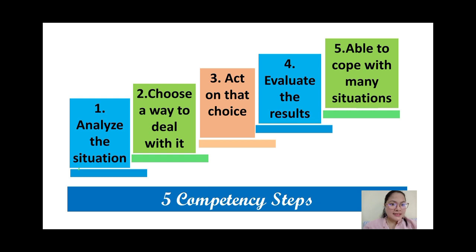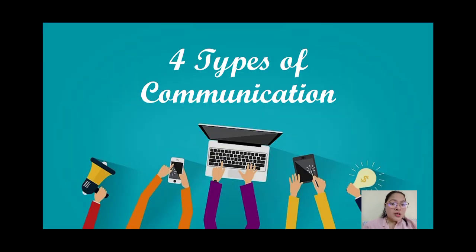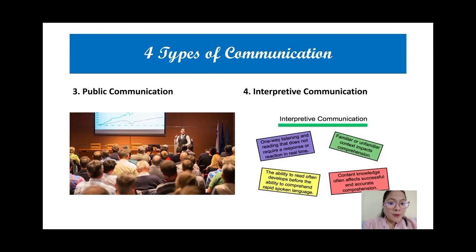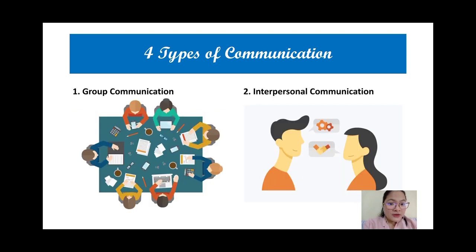Okay, so next, what are the types of communication? Okay, so there are 4 types of communication, namely group communication, interpersonal communication, public communication, and interpretive communication. Okay, so let's start with group communication.